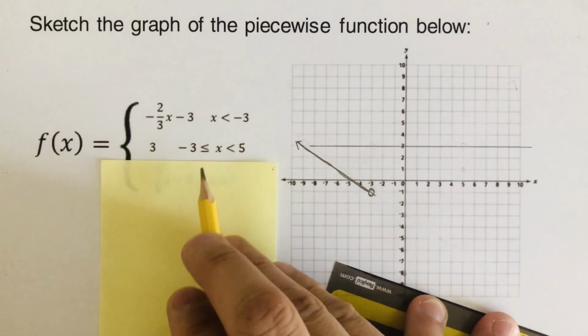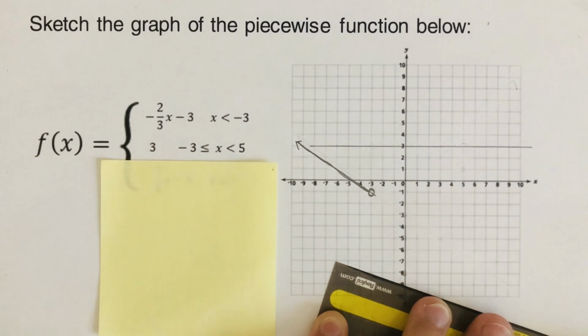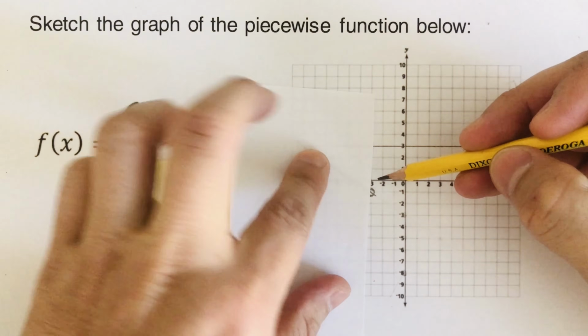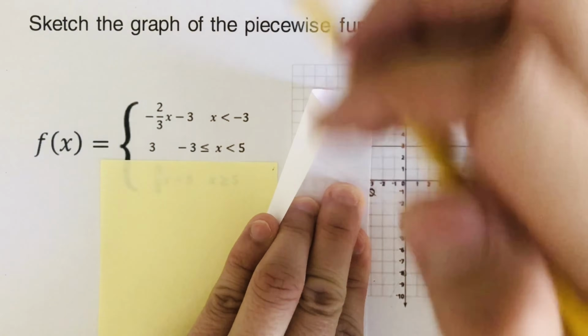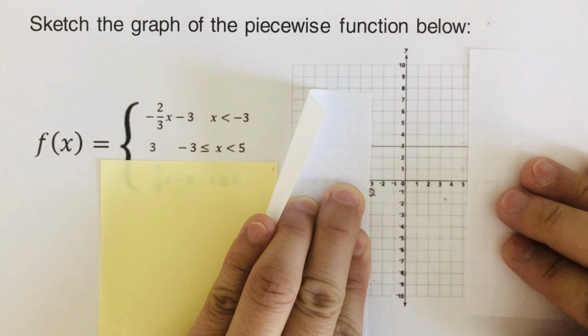Now it says here that x should be greater than -3. So I go to -3 on the x, I cover it. And then the other condition is that it should be less than 5. And so I go to x is 5. So it's right there.